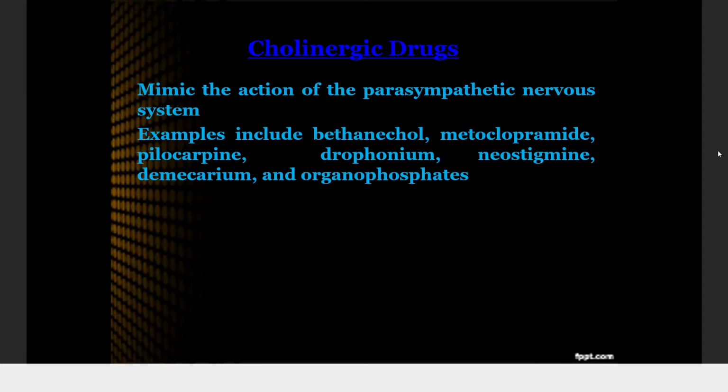Central means the action is on the brain. They block the uptake of dopamine at the chemoreceptor trigger zone, which subsequently prevents the animal from vomiting. Pharmacokinetically, metoclopramide is absorbed well even if given orally.